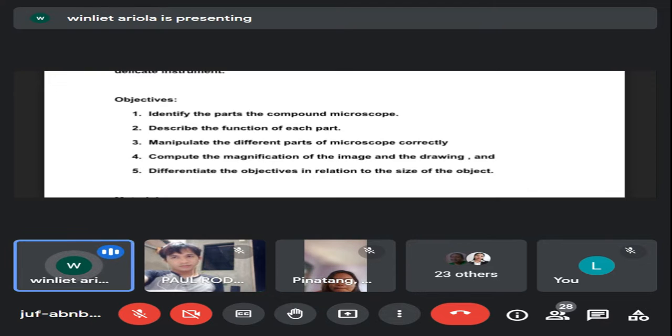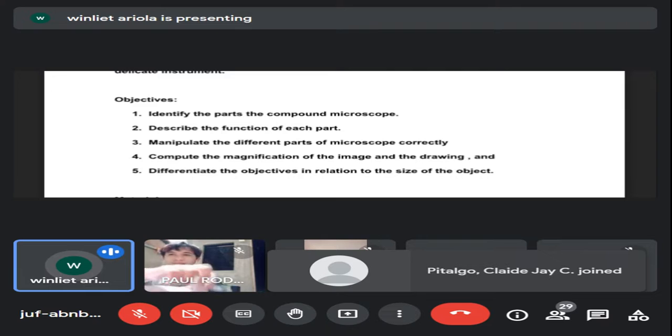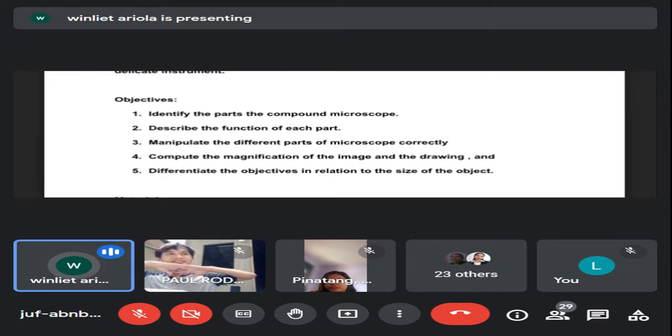Okay, in other words, simple words, ang sinasabi ni Miss Albert is in getting the total magnification of the image, you have to multiply the magnification of the ocular lens, which is usually 10, multiply it to the magnification of the objective na gagamitin.